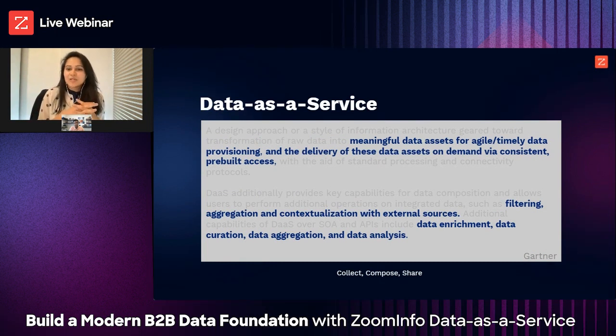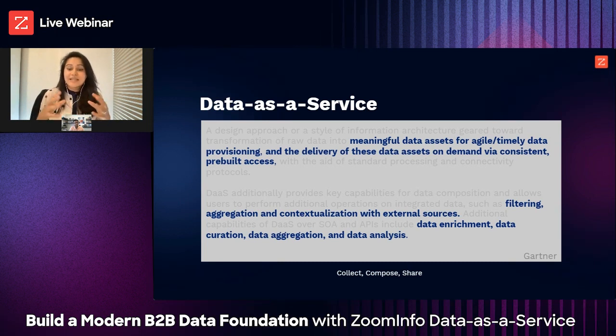And I found it interesting because when you hear the term data as a service, you think, oh, here's the data and somebody's just going to give me data and then I'm just going to use it. But really, it has to be more than that. And that's what we see here. This talks about not only getting or sharing meaningful data assets with people, but then it goes beyond to talk about things like filtering, aggregation, contextualizing with external sources, enrichment, curation, and analysis.